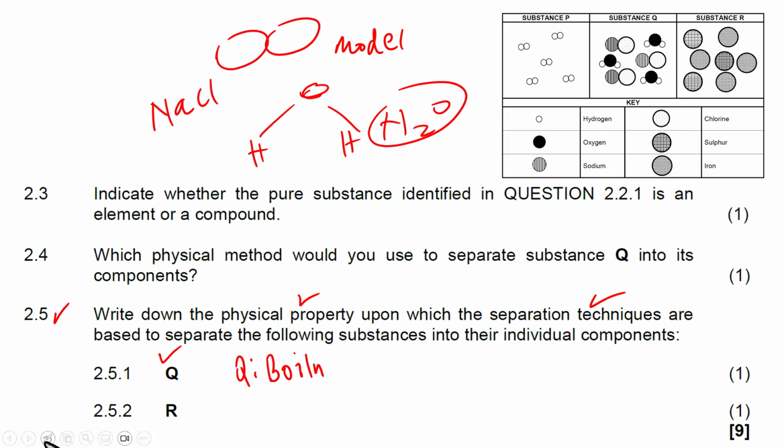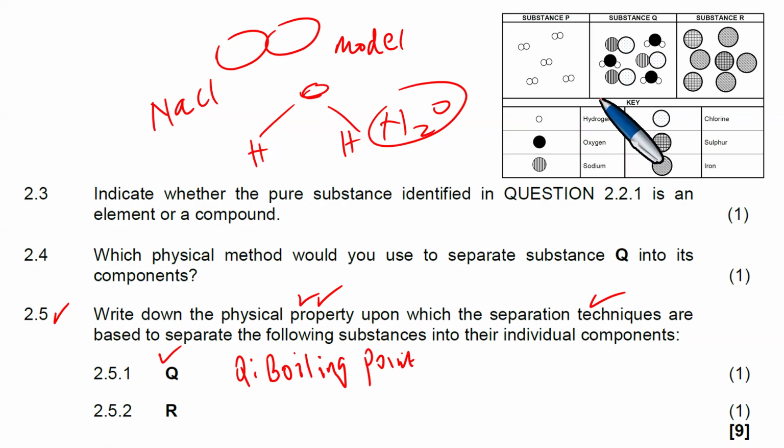We use boiling points to separate these substances, and that is the physical property.